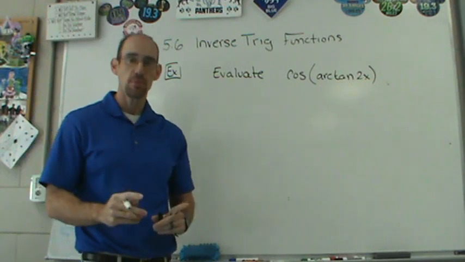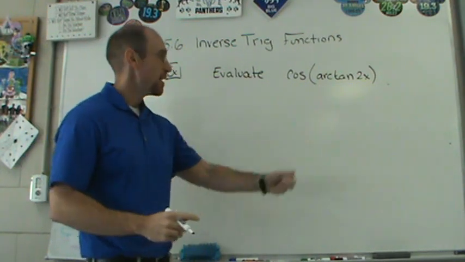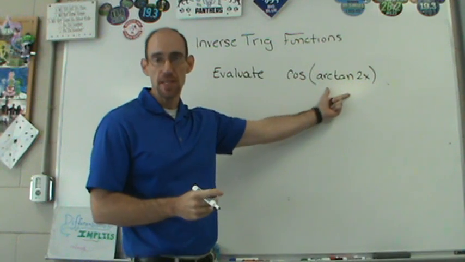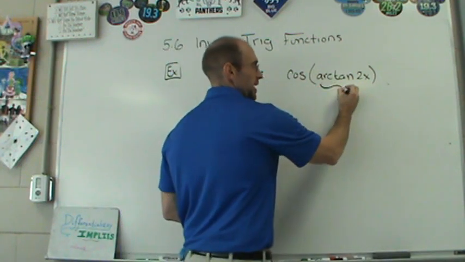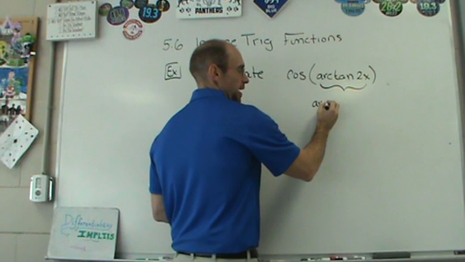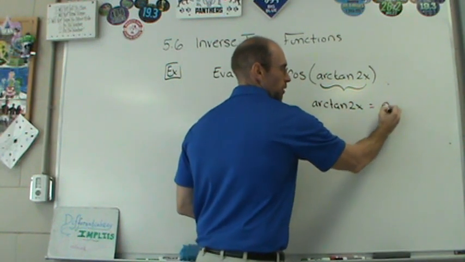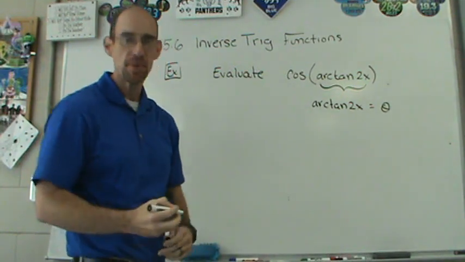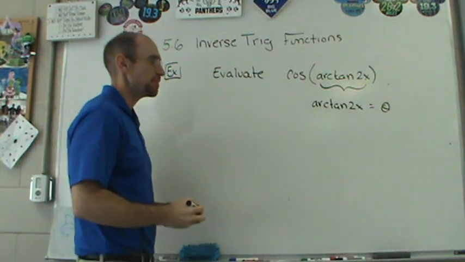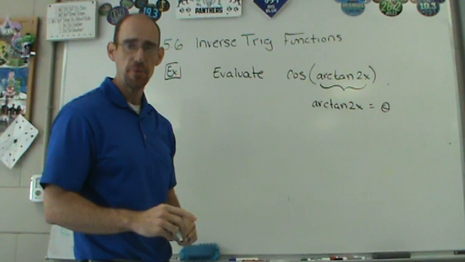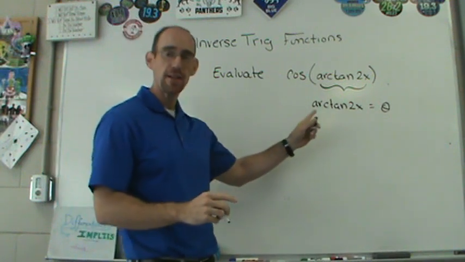Here's the key. We again have to realize that inverse trig functions always equal angles. So what we're going to do is take this, pull it out for a second, and set it equal to an angle, and our favorite angle is theta. Just as we did before, we're going to use our inverse.